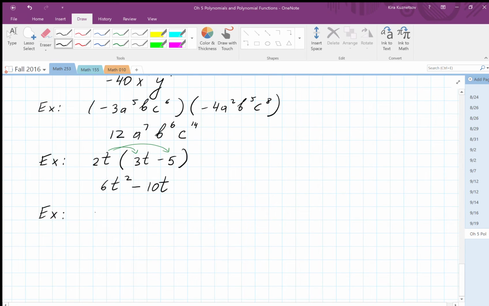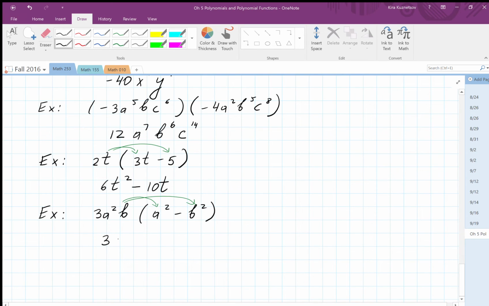Let's try one more. I have a 3a squared b, which I want to multiply by a squared minus b squared. So a monomial times a binomial. Again, distribution. This term goes here and here. So 3a squared b times a squared.